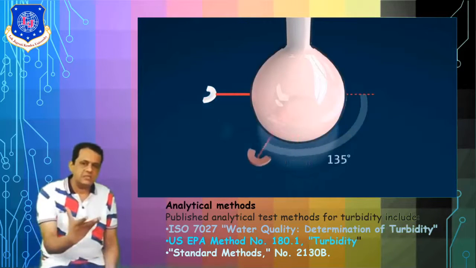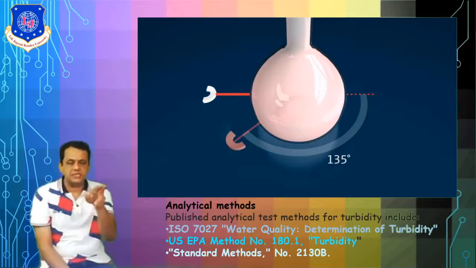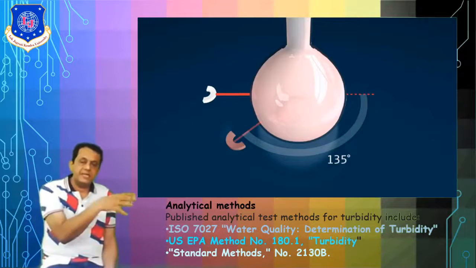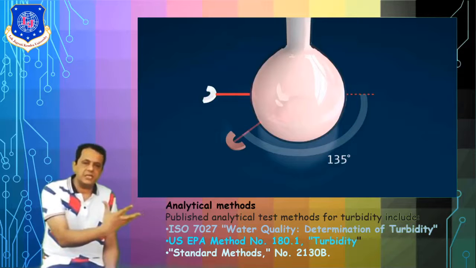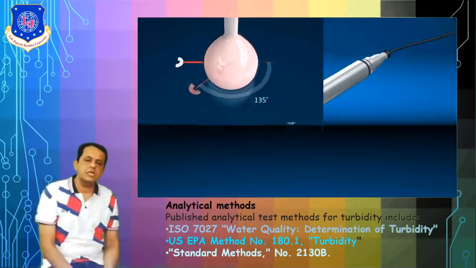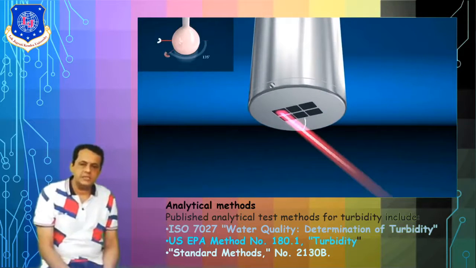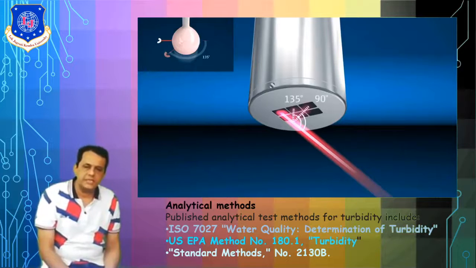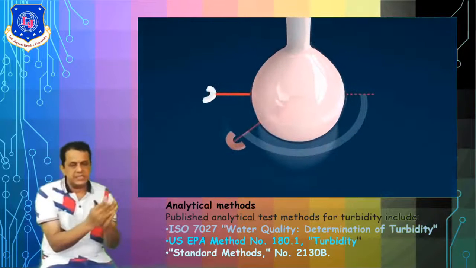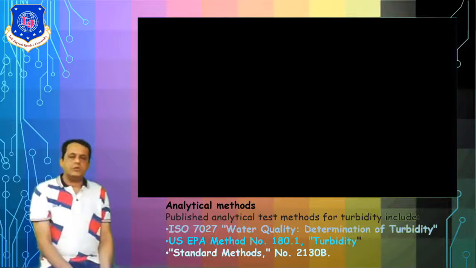Then next, the 135 degree angle is set for the detection. How much the particles reflect depends on the suspended particle characteristics. So the 90 degree and 135 degree measurements will be set like this, and similarly the detector is set for the 135 degree measurement. So one detection at 90 degrees, another at 135 degrees, and this will give you a very accurate result.